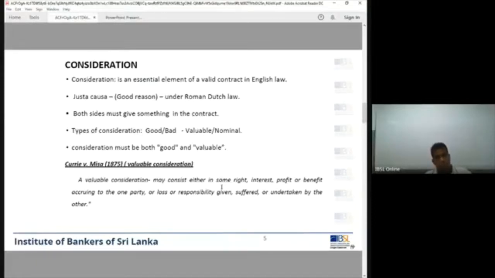So therefore, the justa causa applies. Justa causa means a valid reason, a good reason. Now your parents have a valid reason to gift a property to you. Unless there is a valid reason, the gift is not valid because the justa causa is not there.